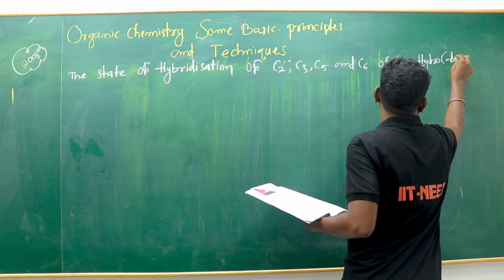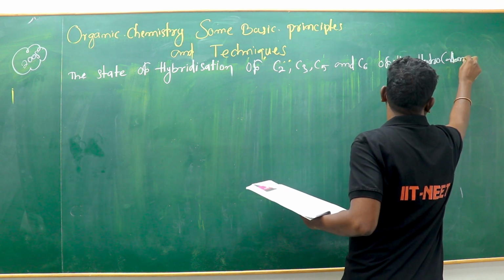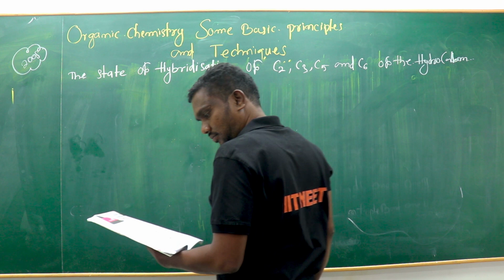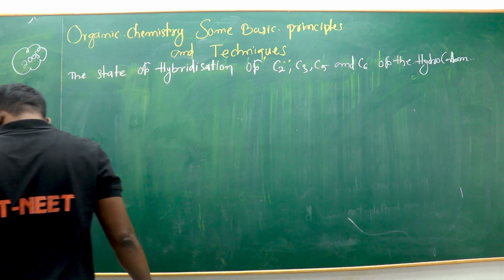Beta ji, hydrocarbon means organic compound. That's all, right? Chalo.